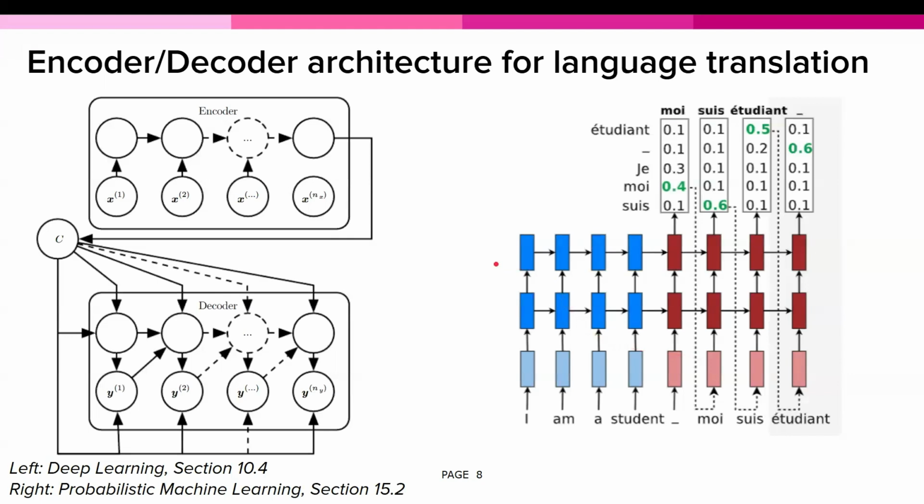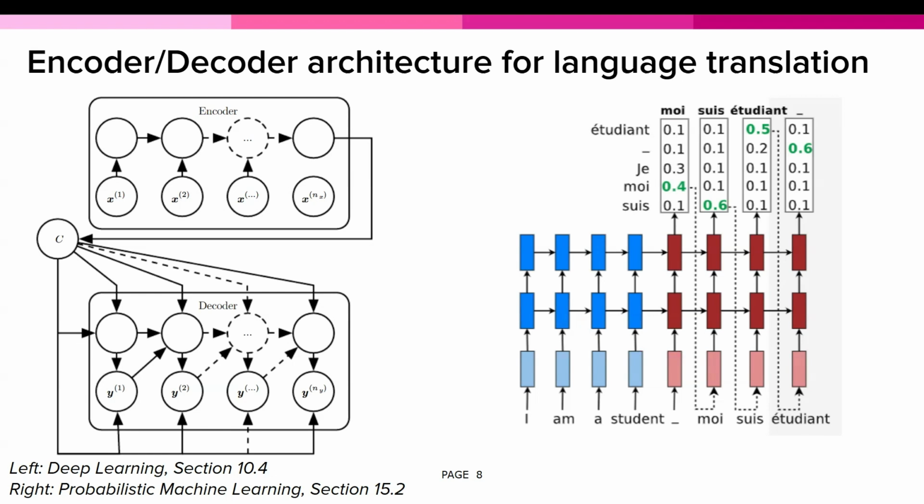I didn't get too much into the specific architectures of recurrent neural networks that were most useful for machine translation. But at one point the state of the art was based on something called the encoder-decoder architecture. This essentially transformed one sequence to another by learning a mapping between them.